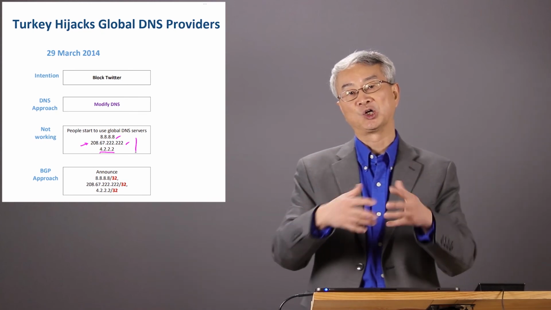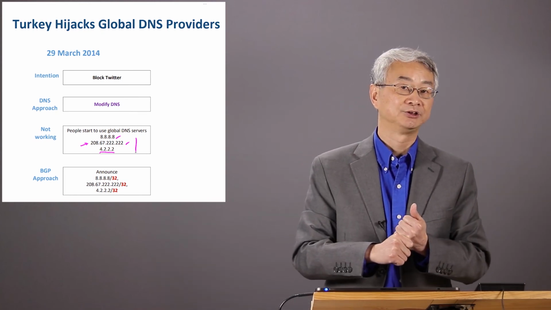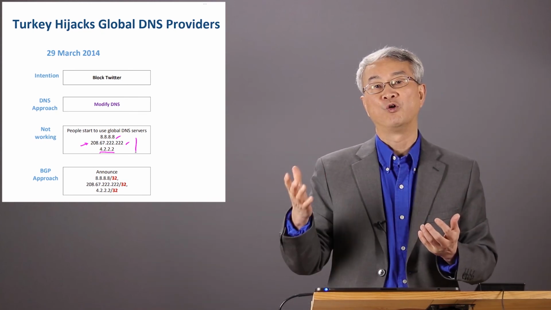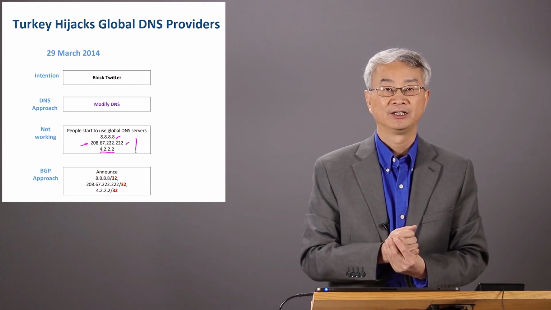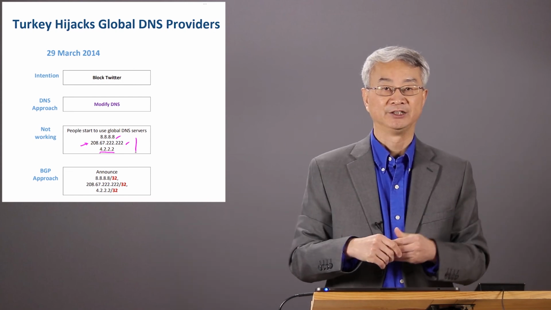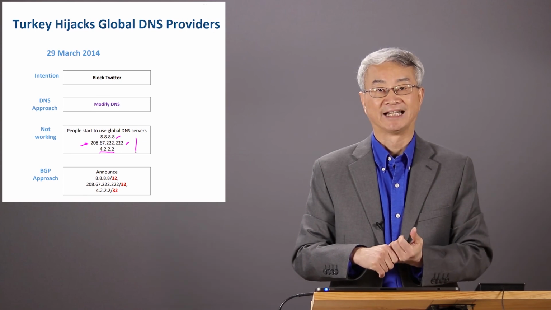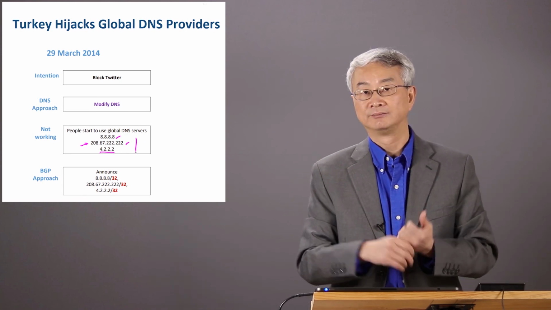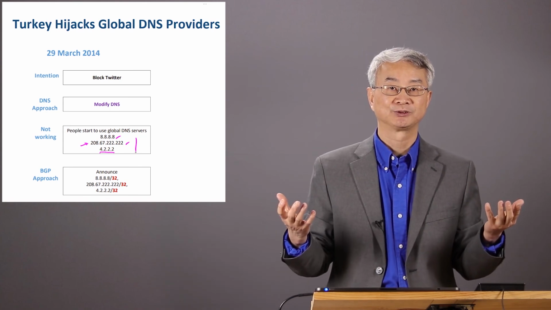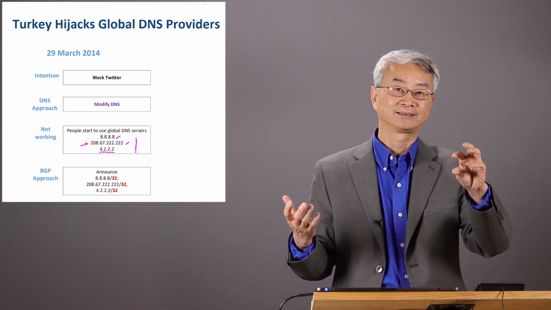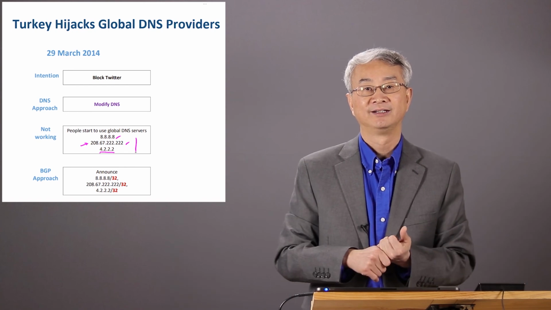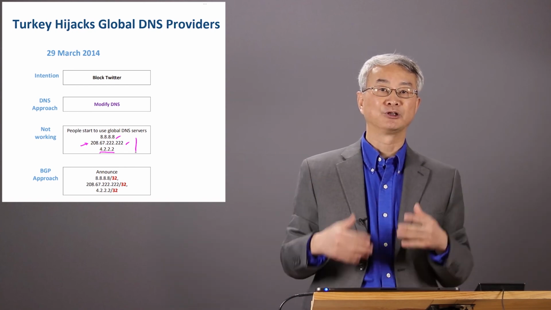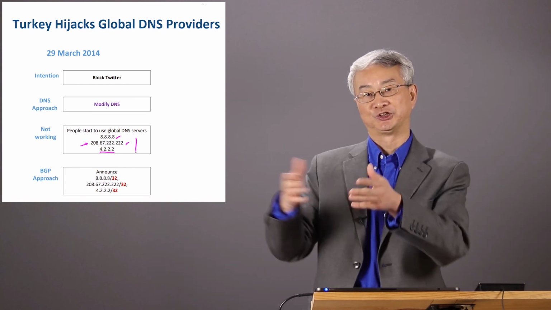All of these are global DNS servers, and you can just ask them for the IP address for Twitter. So the change is very simple, you just change your local DNS server setting. And of course, the government quickly realized that issue, so blocking the access through the DNS was not going to work. And that's when they said, I'm going to block those DNS servers.